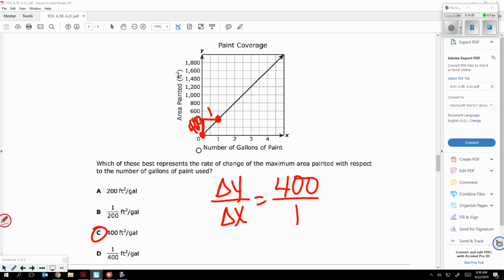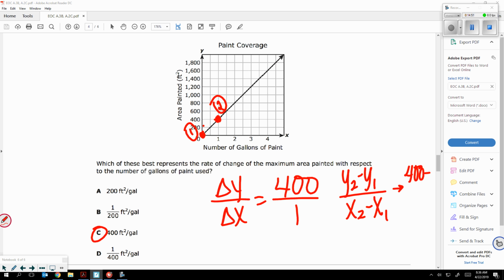You can either do it by counting on your graph, or you can do what we just did: y2 minus y1 over x2 minus x1. Let's say we use the second point as point 2 and the first point as point 1. What's the y value of your second point? 400.